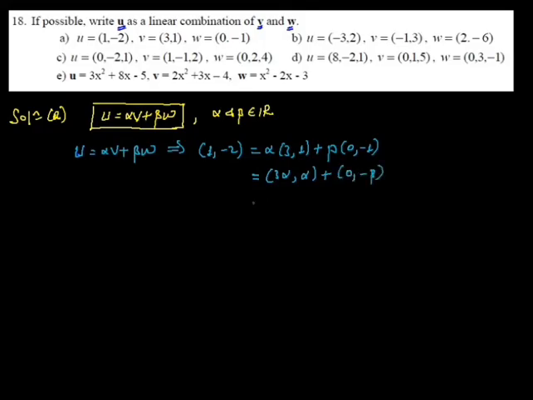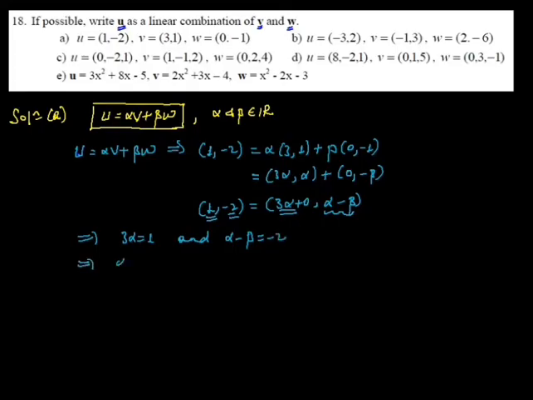When two vectors are equal, the components must match: 3 alpha equals 1, and alpha minus beta equals -2.